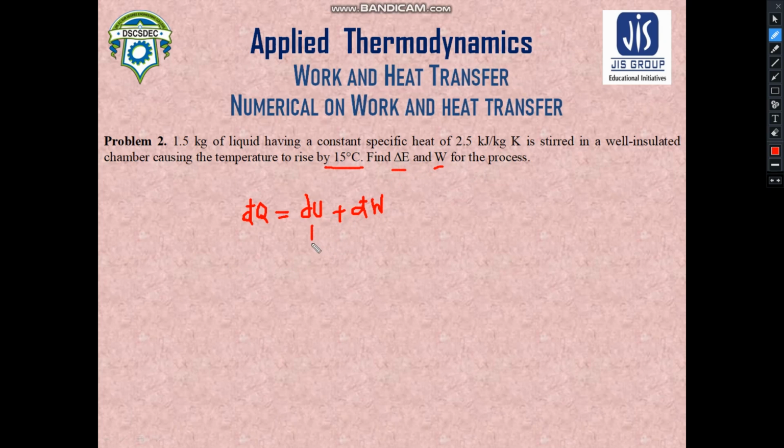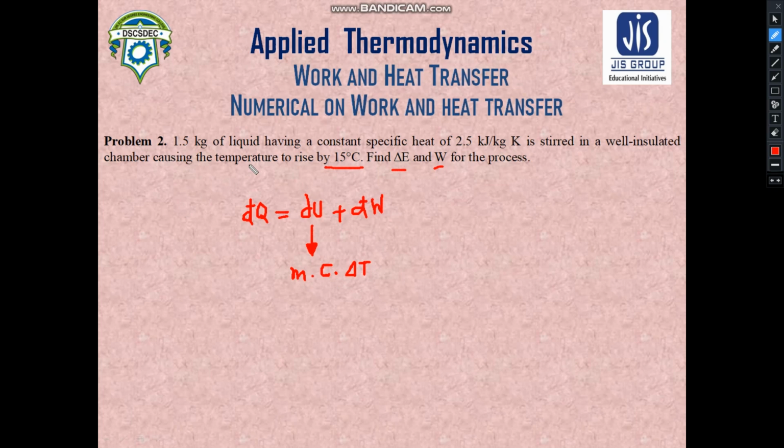Now, the change of internal energy which is happening here can be calculated by a simple formula, which is mc delta T, c being the specific heat, m being the mass, and delta T being the change of temperature.